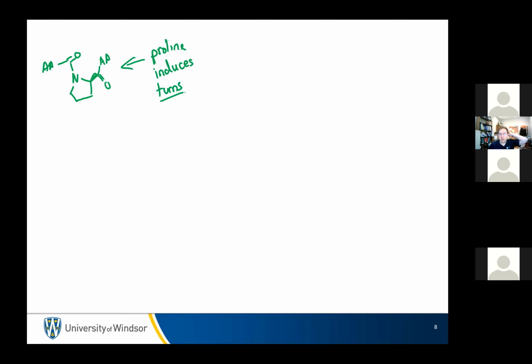And that's proline induces turns. So normally an amino acid elongates out. If you have a proline, it induces a turn.